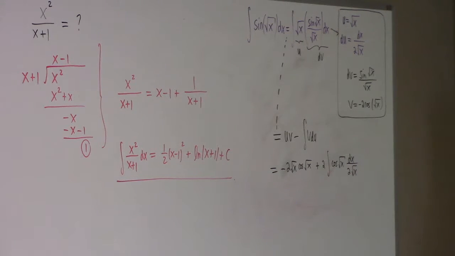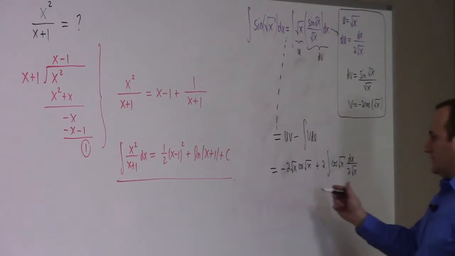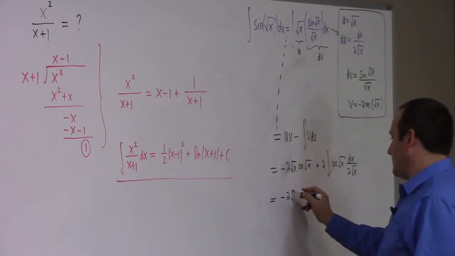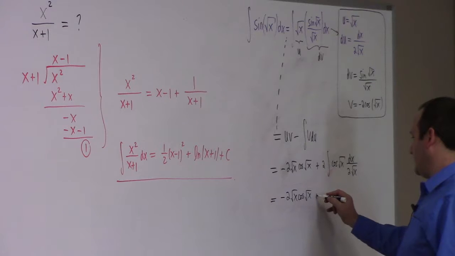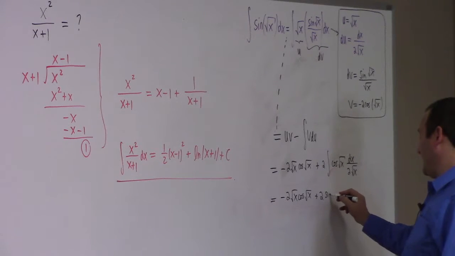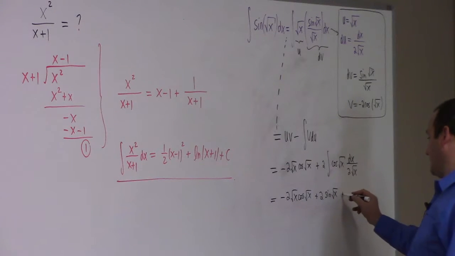Aha! So again, I have cosine of root x over root x. Well, that's nice because that's a u substitution, or maybe let me say a w substitution. So I got minus 2 square root of x cosine square root of x plus 2 sine of the square root of x plus a constant.